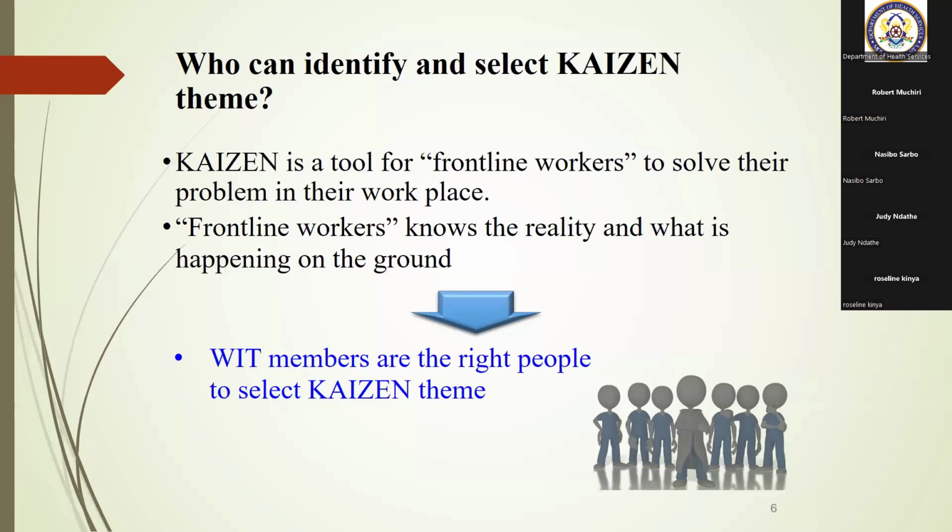It's not the sub-county to come and select a Kaizen theme for us, or the county to come and tell us your issue is this, work on it. It's us who actually know what is not working, where we are now in terms of a particular indicator. So we are the right people to select a Kaizen theme. And this work improvement team are people who have similar issues, who work in a particular department, who share a common challenge.